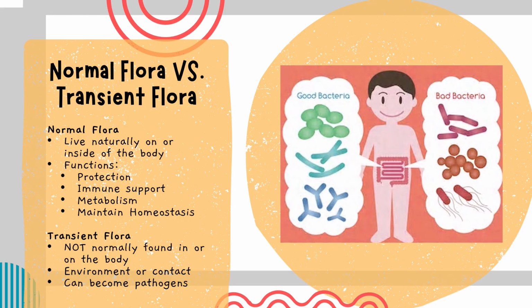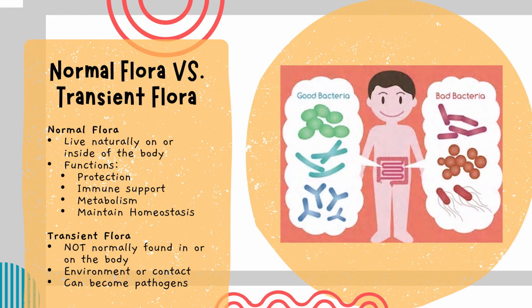So your normal flora, these are microorganisms that naturally live on or inside the human body. These are ones that usually will not cause disease. You're going to see it on the skin, in the nose, upper respiratory tract, within the mouth, GI tract, the vagina, urethra.